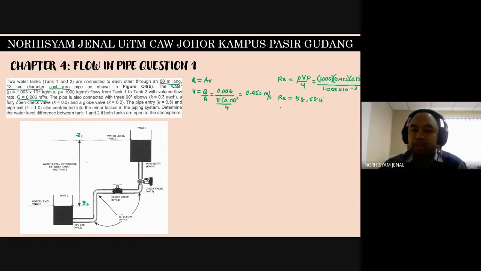Based on this, we can see Re is higher than 4000, so this is turbulent.